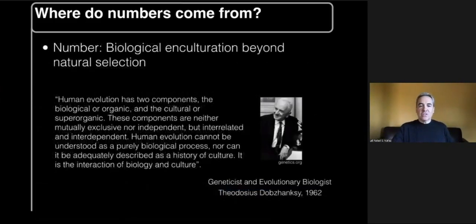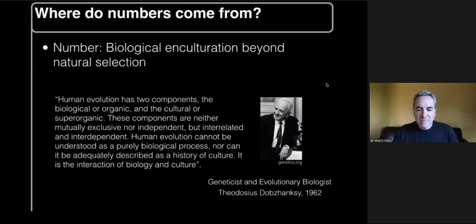I want to close with a quote from the renowned geneticist and evolutionary biologist Theodosius Dobzhansky, who said, "Human evolution has two components, the biological or organic and the cultural or superorganic. And these components are neither mutually exclusive nor independent, but interrelated and interdependent.